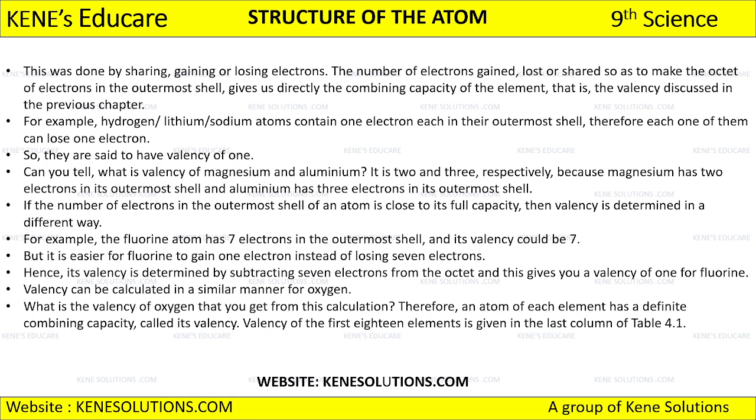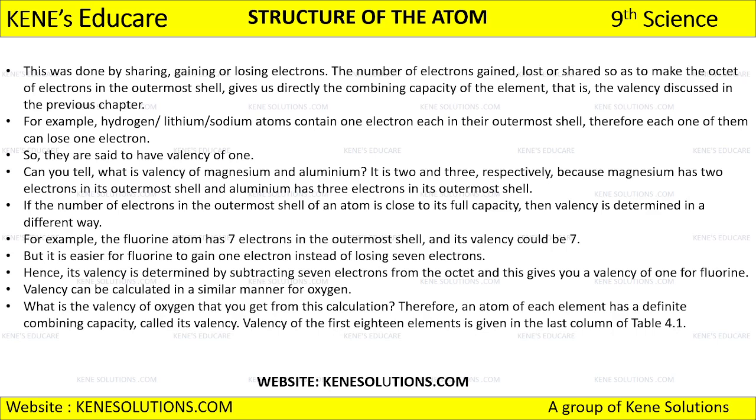Now what will be the valency of magnesium and aluminium? The number of electrons in the outermost shell of magnesium is 2, so the valency will become 2. When it comes to aluminium, the number of electrons is 3, so the valency will become 3.